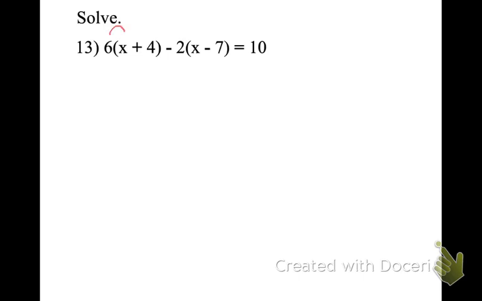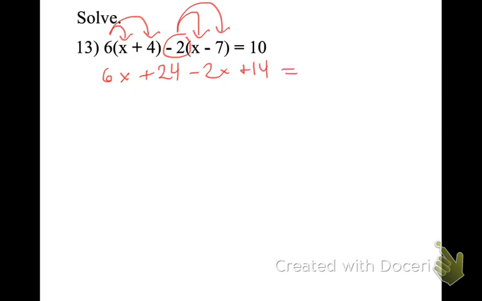So I'm going to do my distributing. I get a 6x. I'm going to distribute that here. Plus 24. Now, I have to distribute this entire negative 2, and I get minus 2x and plus 14 equals 10. Okay, we're going to put the x's in one pile.